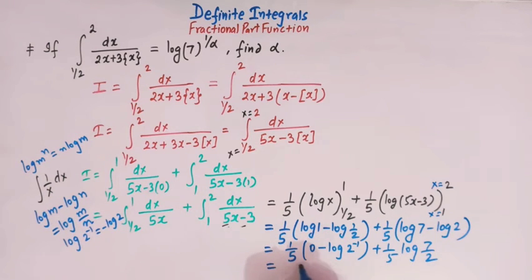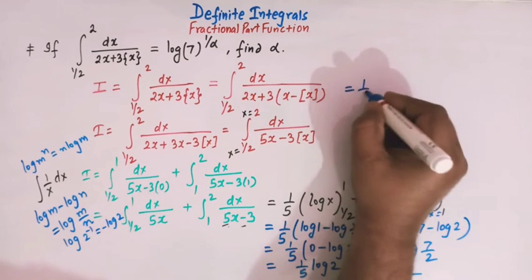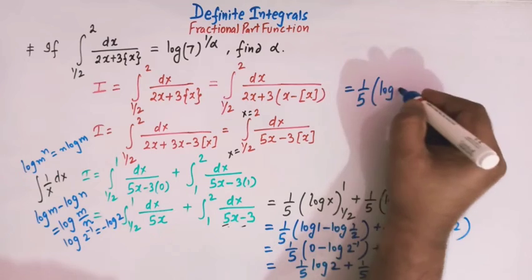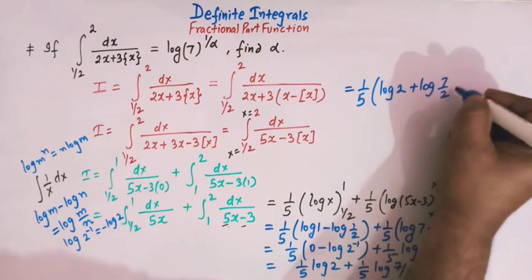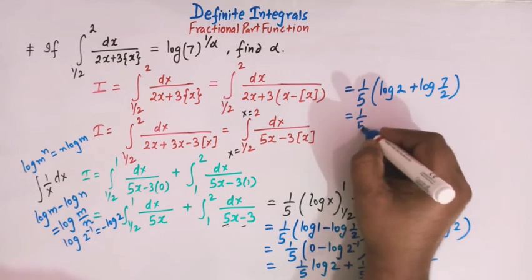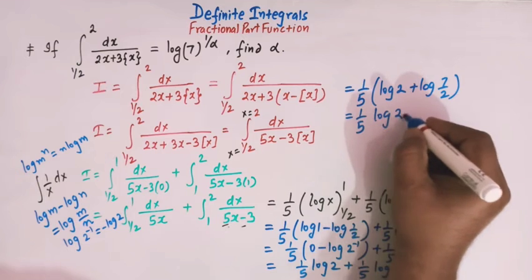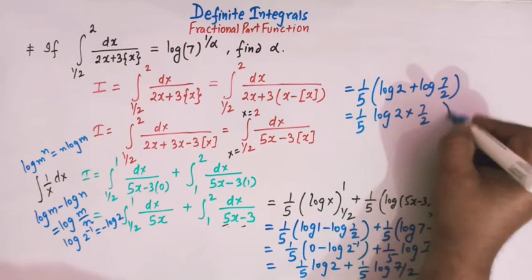So now we have 1 over 5, and this minus when multiplied with this negative sign we have plus, so we have 1 over 5 log 2, and here we have 1 over 5 log of 7 over 2, right? So now we can take 1 over 5 common, so we have 1 over 5 times log of 2 plus log of 7 over 2, right? And this is 1 over 5 log of 2 times 7 over 2, right?